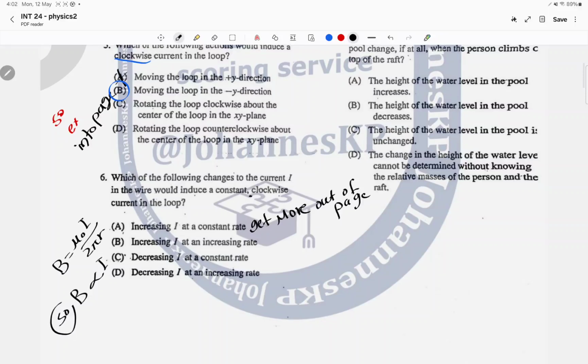Yeah. Clockwise current. So it's not C, not D. So if you increase current, you get a clockwise current. But if you want a constant one, you must also go with it, don't you? Yes. So 6 is choice A.